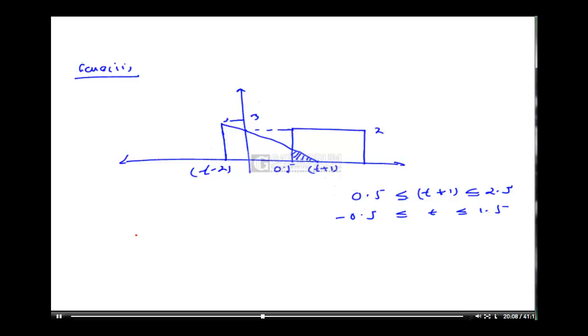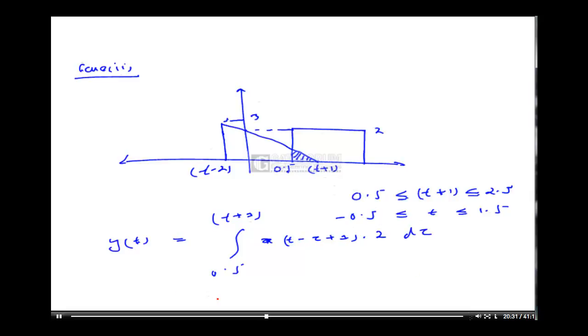So now I have to integrate from 0.5 to t plus 1 of x of t minus tau, that is t minus tau plus 1, dot 2 d tau. Okay.